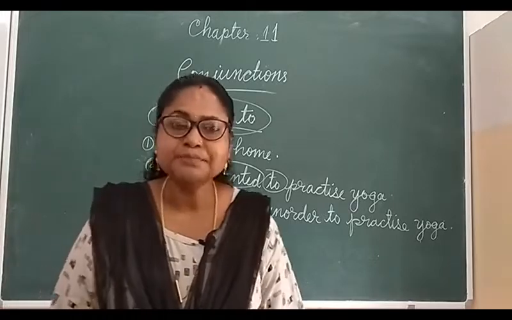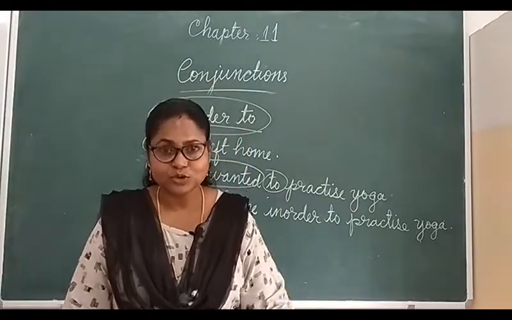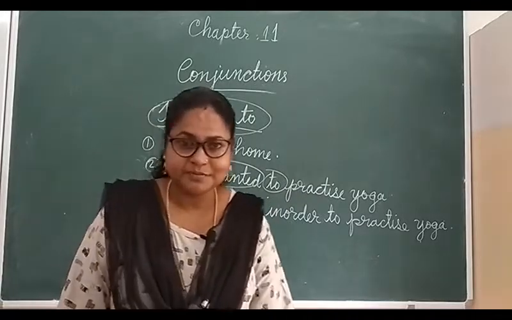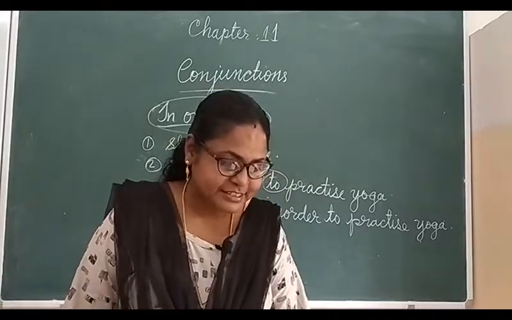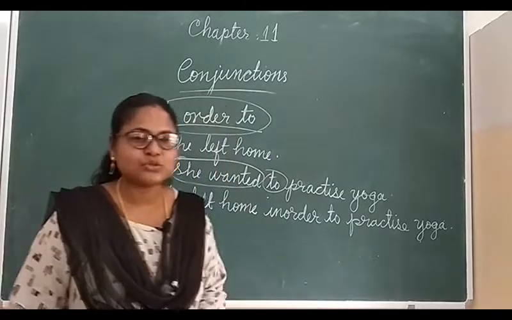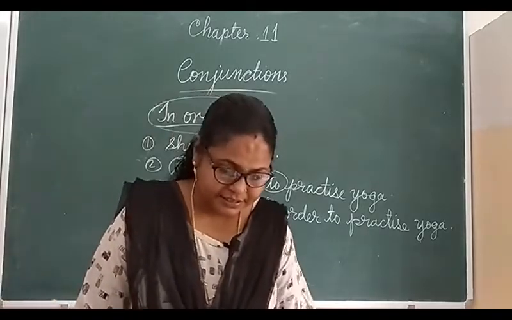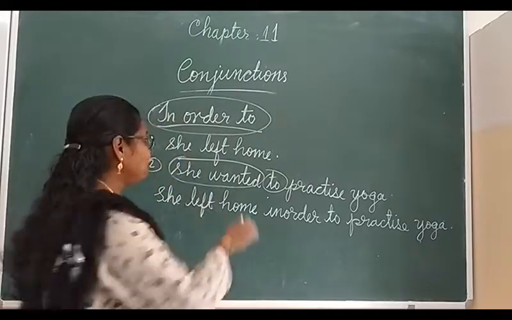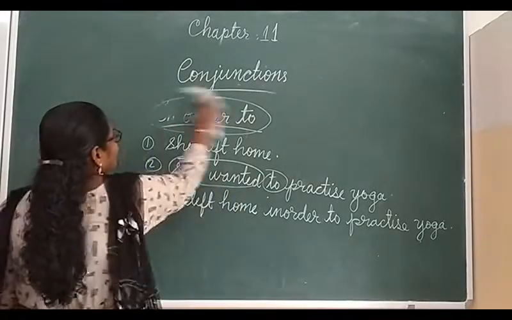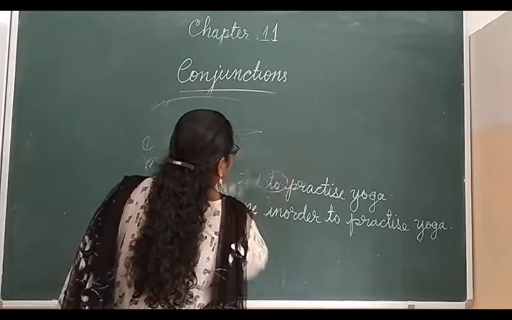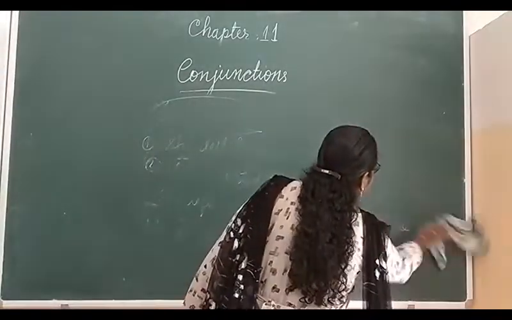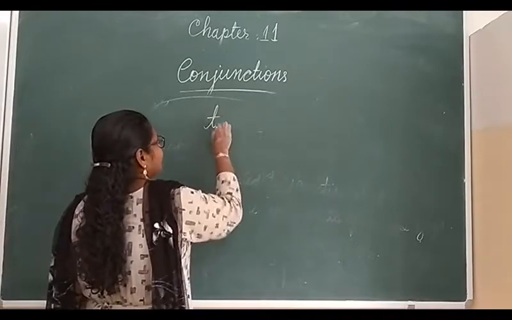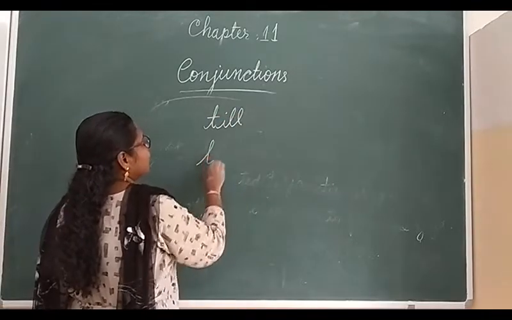These are all the two-word or more-than-two-word conjunctions that we have to study. Okay. You need to do one exercise here, and there are also some conjunctions that are used like till, then, before.